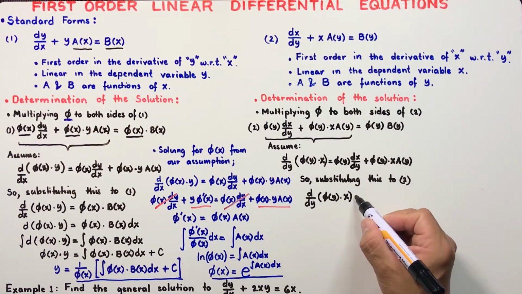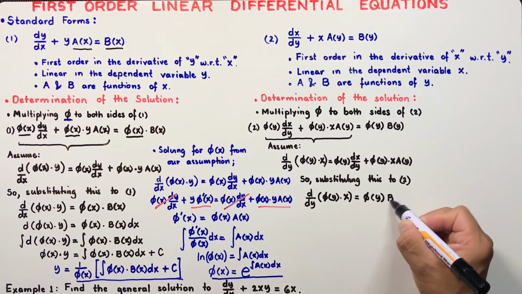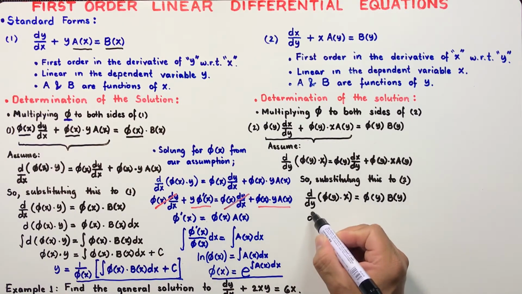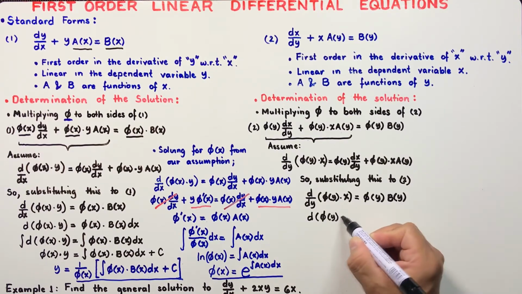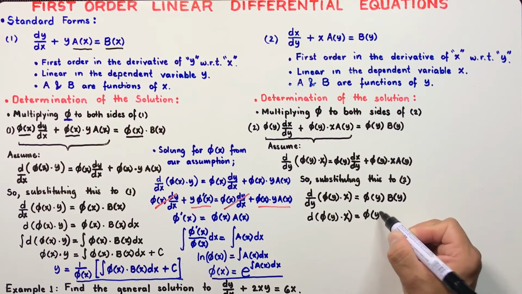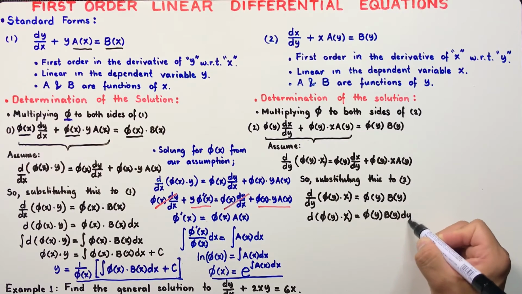So this is equal to phi of y times b of y, and multiplying both sides of the equation by dy, we have the differential of phi of y times x is equal to phi of y times b of y dy.